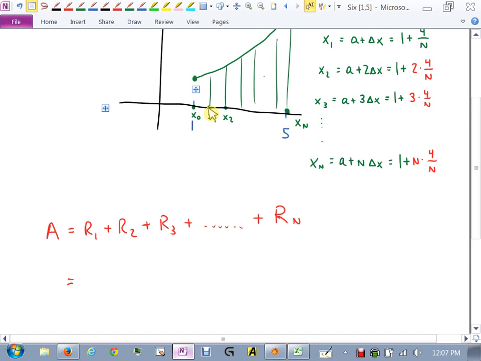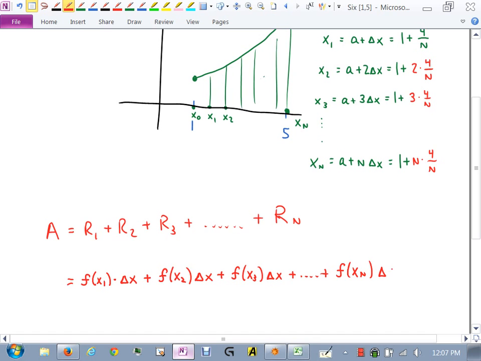It's the function plugging in x1, so it's f of x1 times delta x, plus f of x2 times delta x, plus f of x3 times delta x, all the way until I get to f of x sub n times delta x.